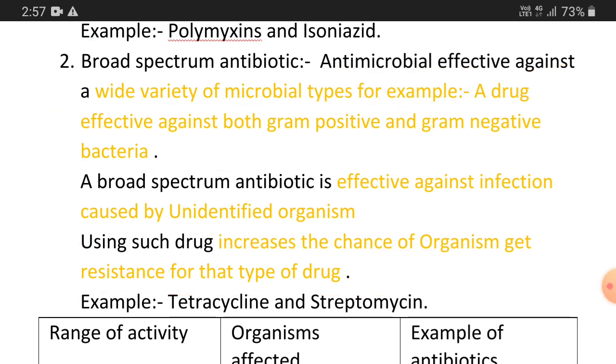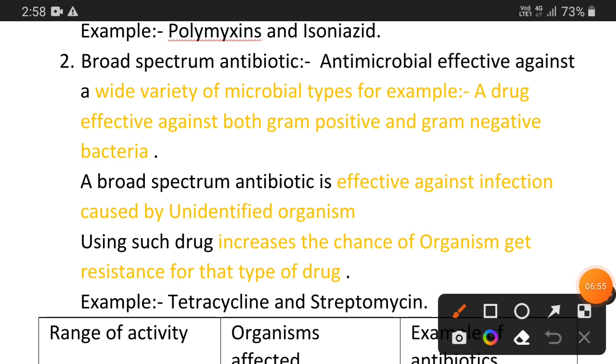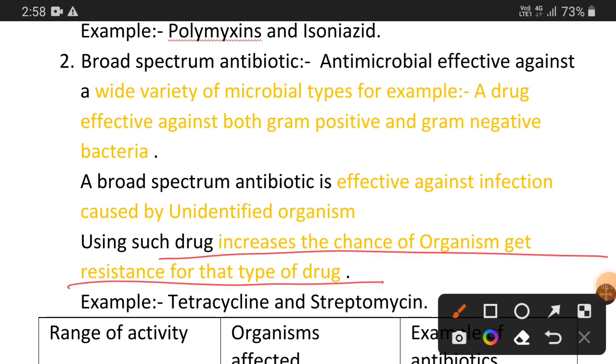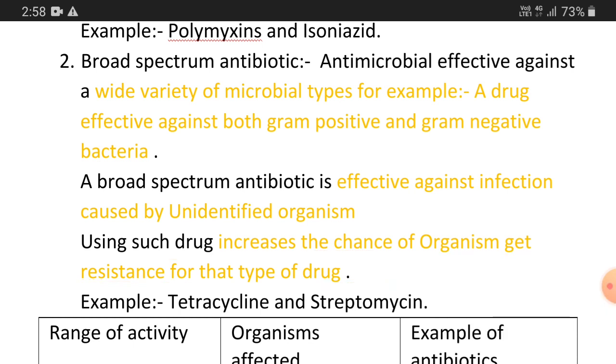And when you don't know, that is no problem, but there is a chance of emergence of drug resistance. Mind it very carefully. So can you guess which kind of antibiotic should be under broad spectrum antibiotic? Yes, obviously, mainly the protein synthesis inhibitors should be under broad spectrum antibiotic, because most bacteria have the same type of protein synthesis machinery, right?